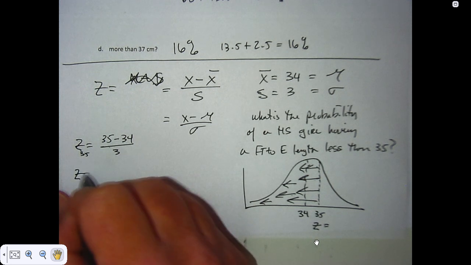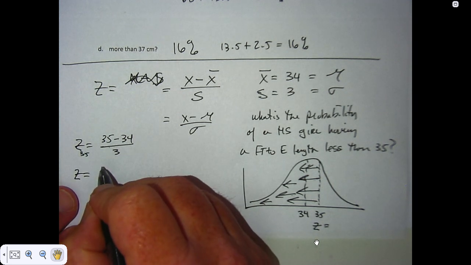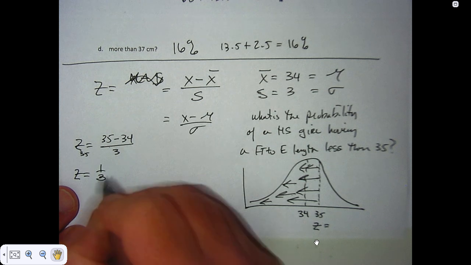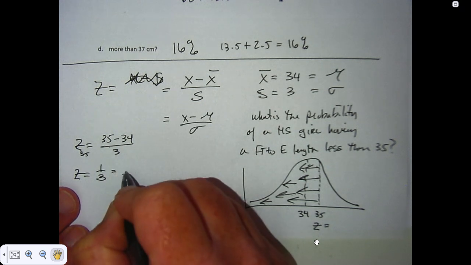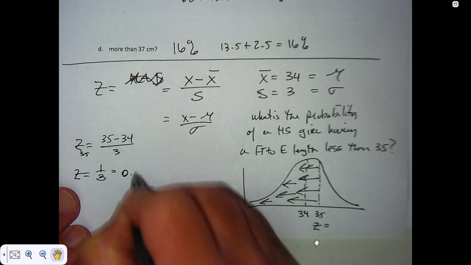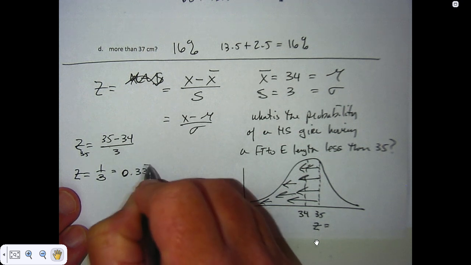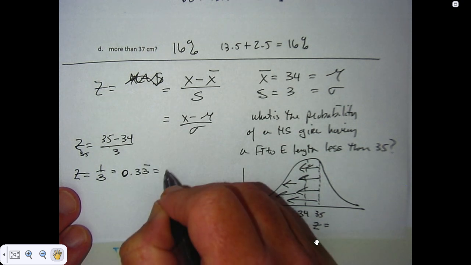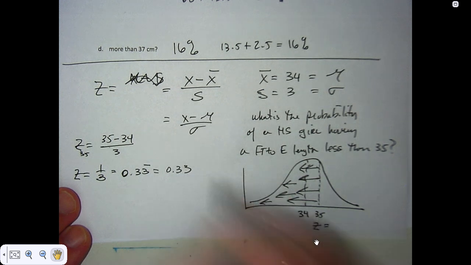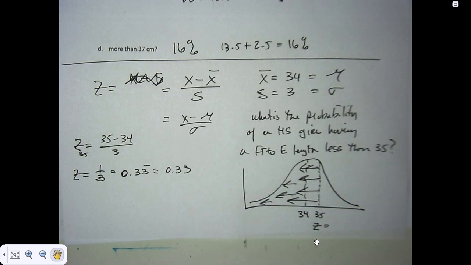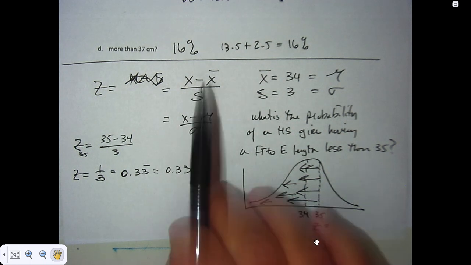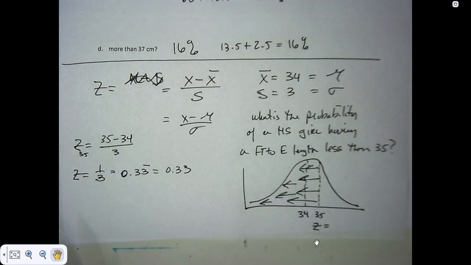So my z-score is going to be 1/3, which is 0.33 repeating. And we're going to round that off to its nearest 2 places, 0.33. So pretty simple formula. We'll use a calculator on a lot of these computations if we need to. But I got that pretty easily.